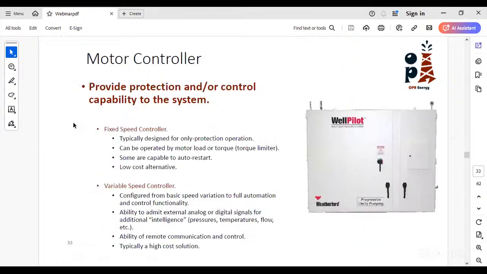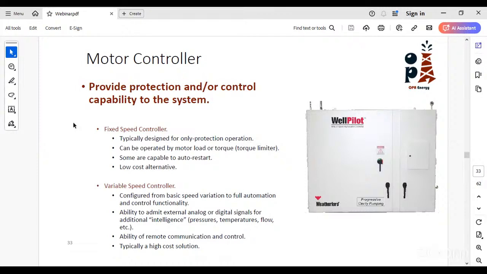The motor controller or the VSD, this is the switchboard or a variable speed drive you use to run your motor with a lot of, let's say, automation on site and setpoints. You can put setpoints for every parameter like torque and RPM and different parameters inside your system using the variable speed drive and your switchboard.